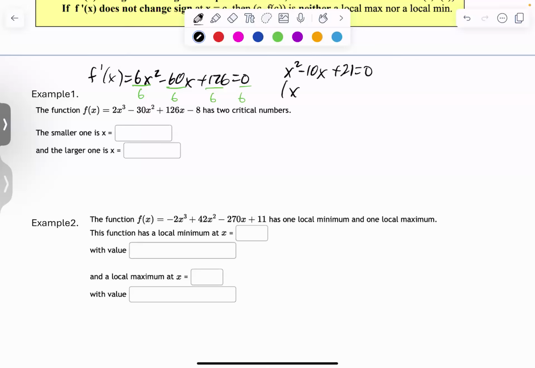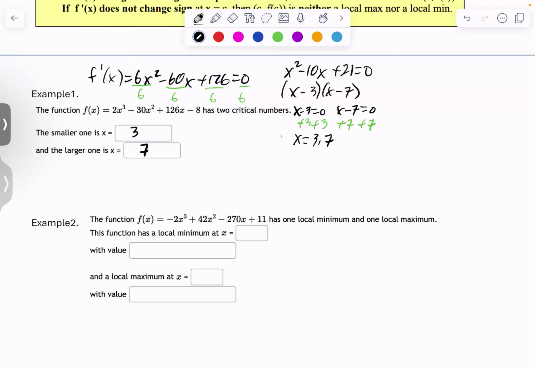That's going to factor into x minus 3, x minus 7. Which means our critical values are at 3 and at 7. There are our critical values.